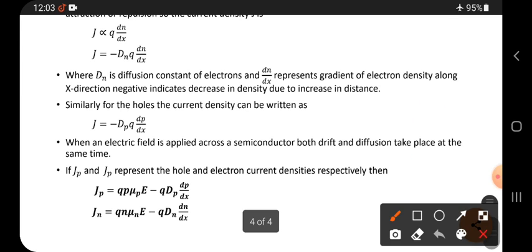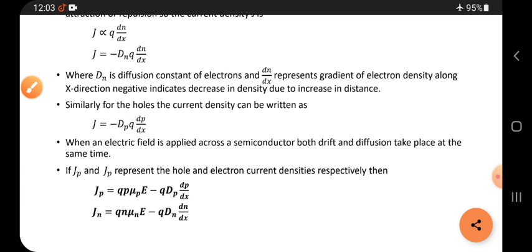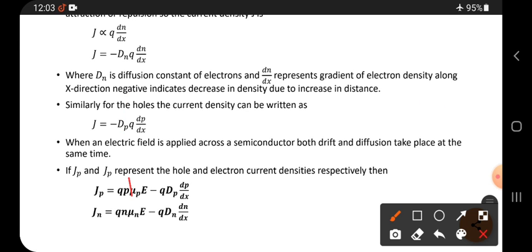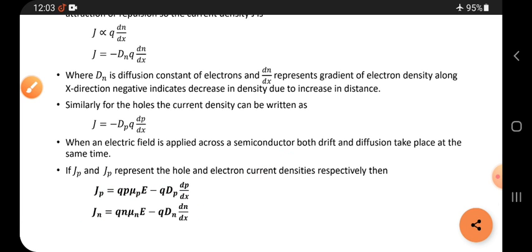The drift formula we already calculated. This is for holes, and for electrons replace p by n. So, friends, these are the two major equations for conductivity. Thank you, friends.